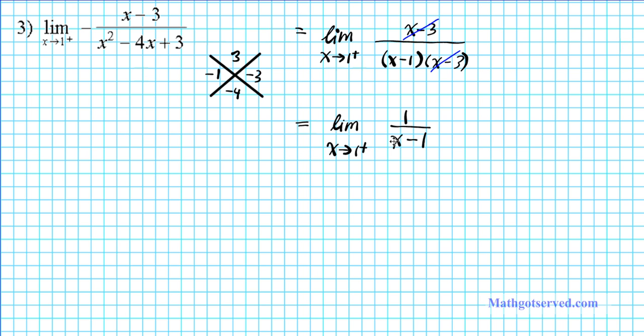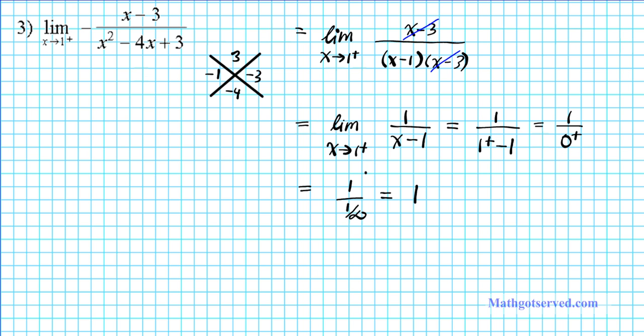Okay, now let's go ahead and substitute. We'll have 1 over 1 from the right minus 1. Okay, if we evaluate that, we'll have 1 over 0 from the right. So remember what 0 from the right is, right? So this is going to become 1 over infinity.